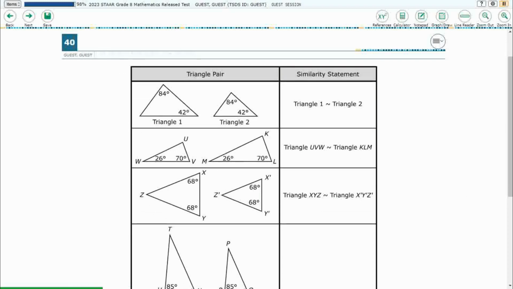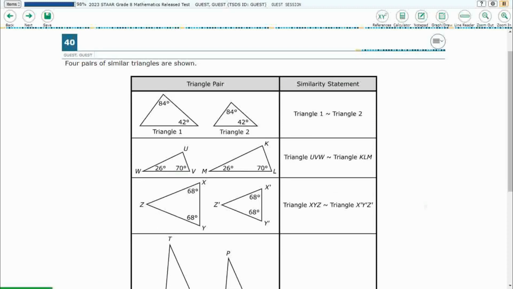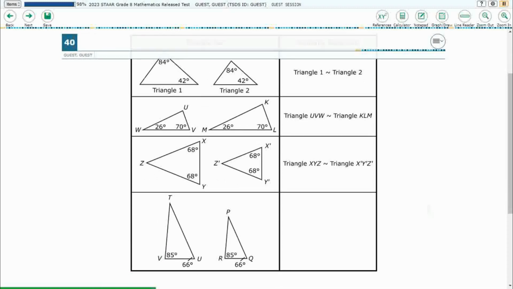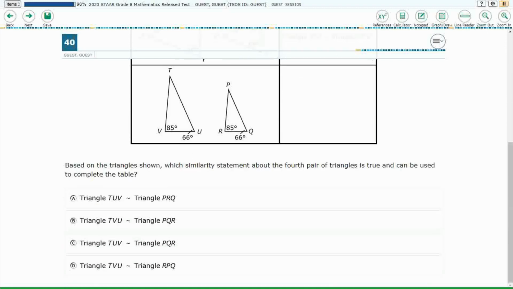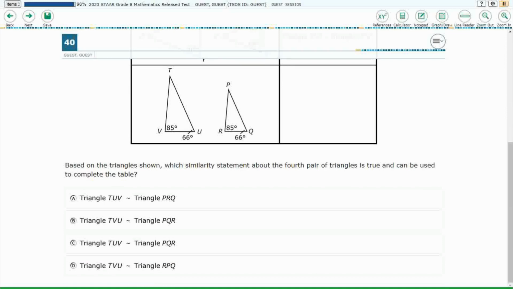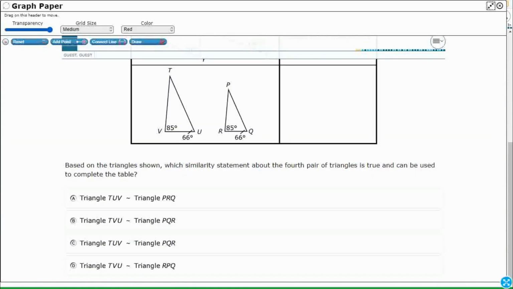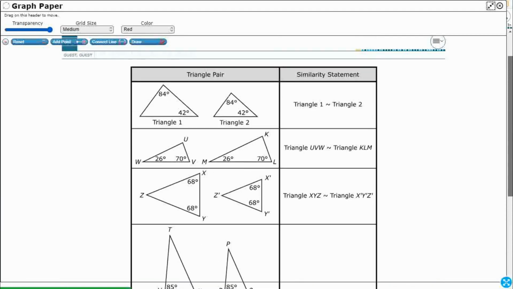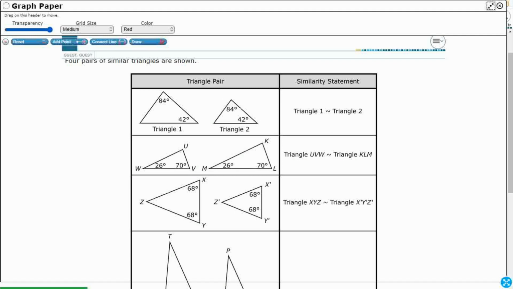All right, so we've got 4 pairs of similar triangles, and we just need to find which similarity statement about the 4th pair is true, and take a look at how they are describing these triangles. So if we look up here at the top, we see this very first pair has triangle 1 and triangle 2, so there's no letters there.